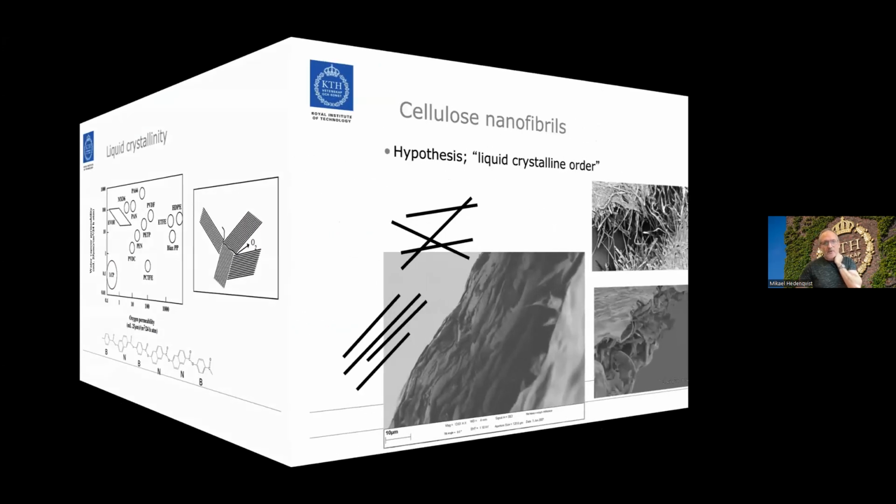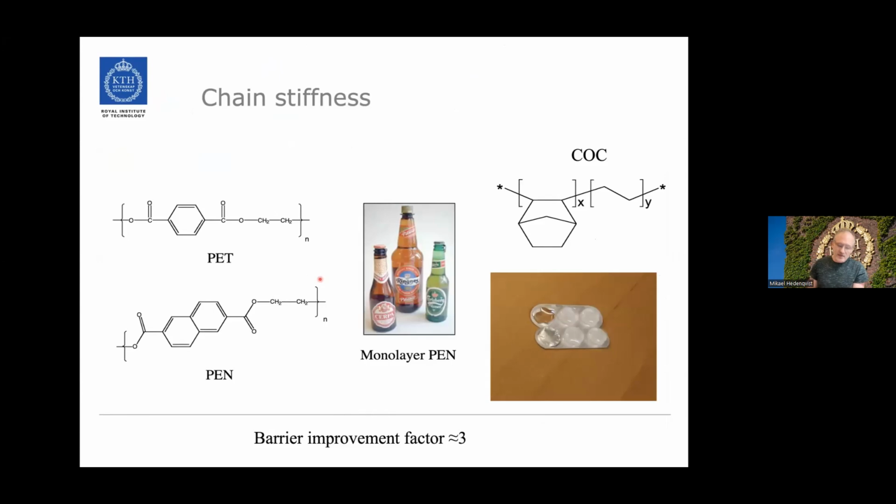I will skip those. I will go into chain stiffness. That's also a strategy to increase the barrier properties. A good example is a comparison between PET and polyethylene naphthalate, where you have this group instead of that group. The factor is an improvement of 3 in terms of oxygen barrier when you go from this structure to this structure.